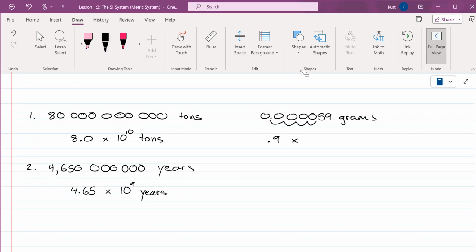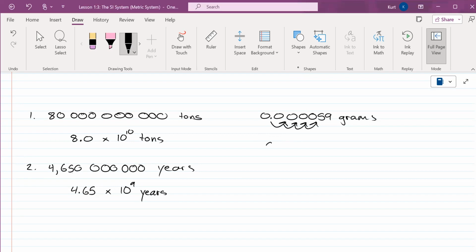If it was 5.9 times 10 to the 4th, hold on. You said 4. Look at how many spaces I moved the decimal. 1, 2, 3, 4. Your answer would be 0.59. You have to move the decimal to make the number between 1 and 10.